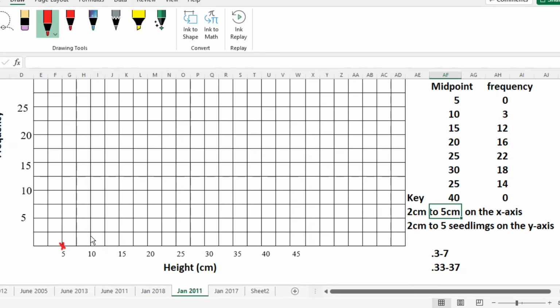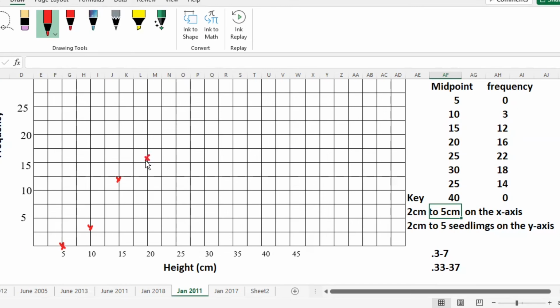So this is 10, so 3 would be somewhere around here, because this line would be 2.5. Then next we have 15 with a frequency of 12. That would come a little bit below that line. Then we have a midpoint of 20 with a frequency of 60. So that would be somewhere here.